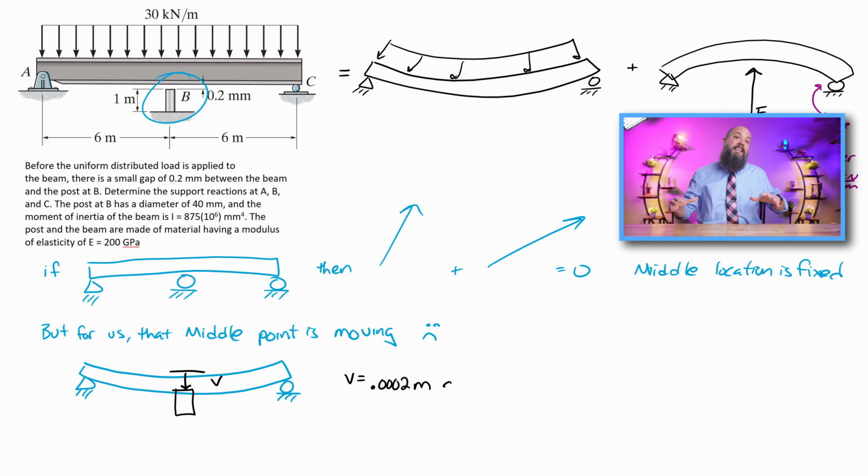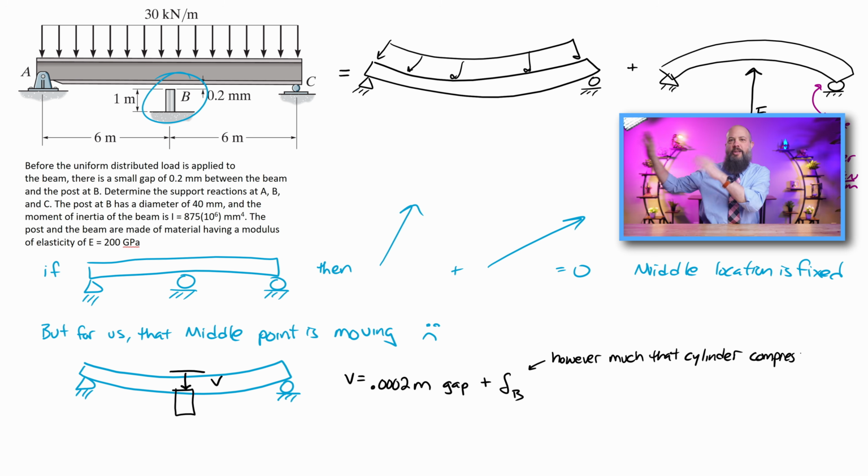And so now looking at the cylinder in the middle, we know that the deflection is going to be that 2 millimeter gap plus delta B, however much deflection is in that cylinder. And think back a couple of weeks earlier in the course, NL over AE, that was the axial loading deflection.